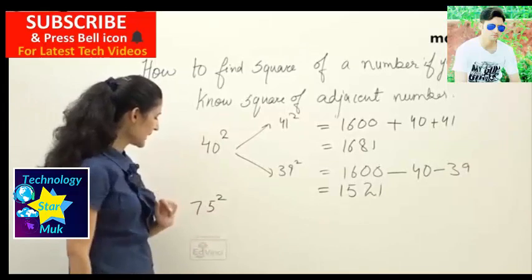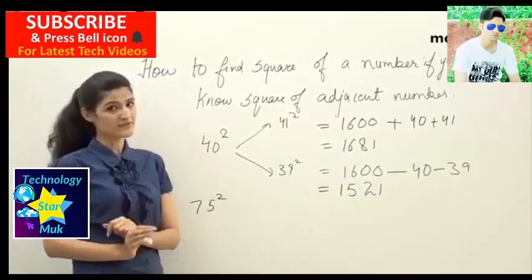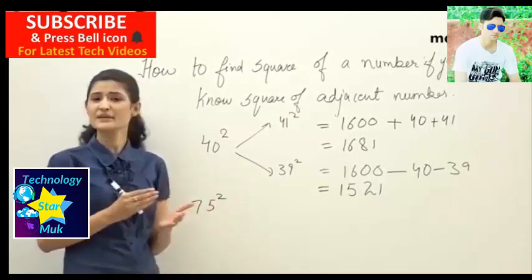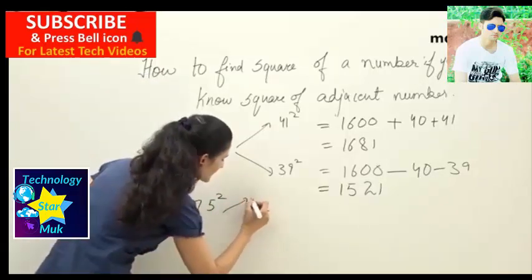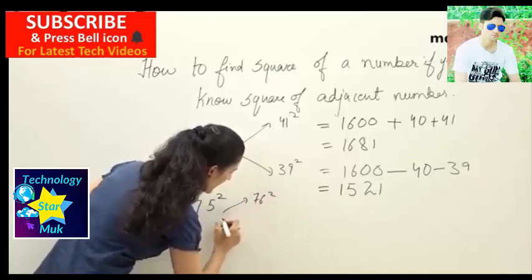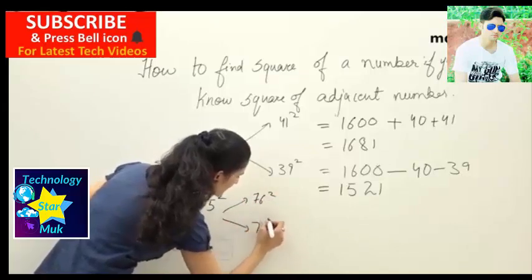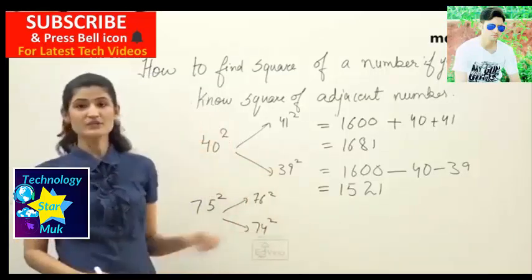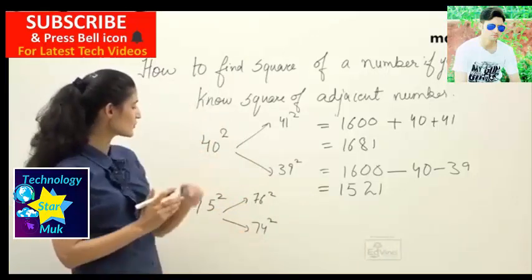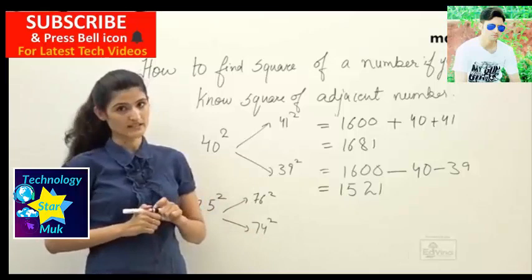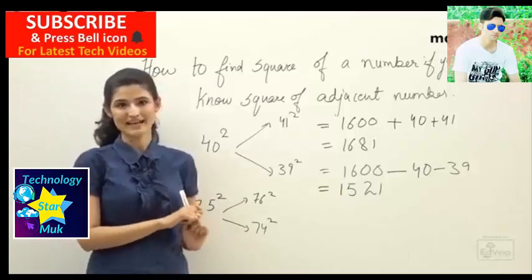So let's move to another example where we already know 75 square and we have to calculate 74 square and 76 square. The answer for 76 square is 5776 and the answer for 74 square is 5476. Now I'll tell you how I calculated.